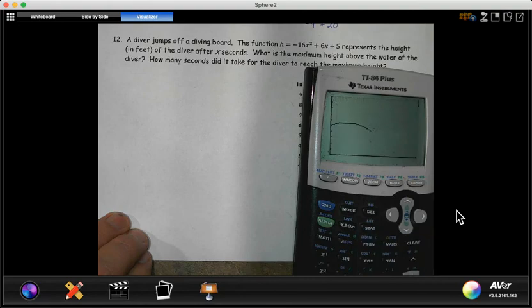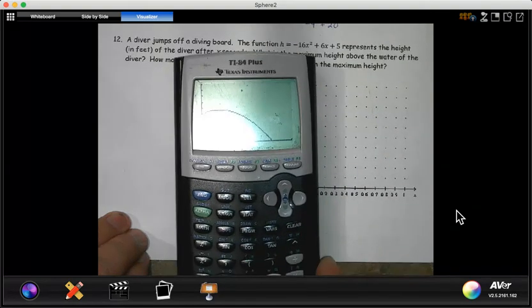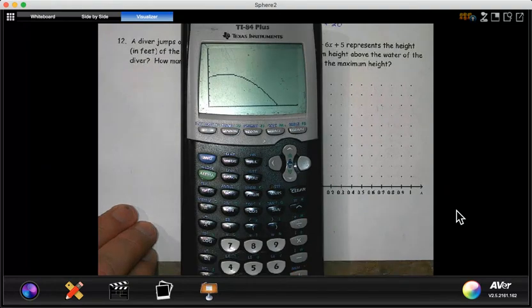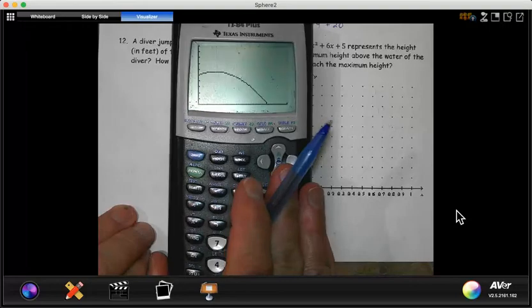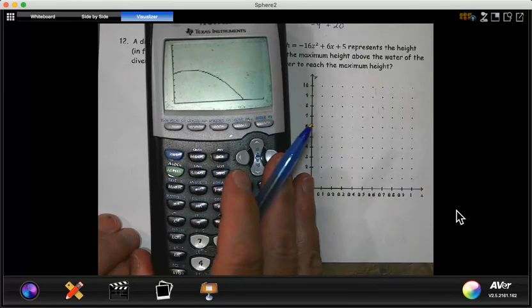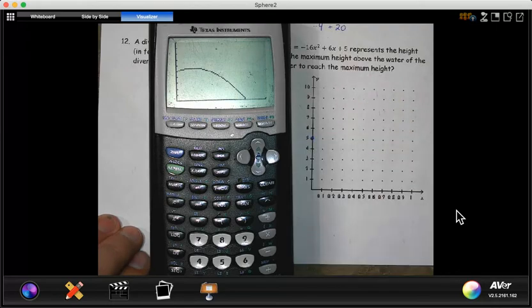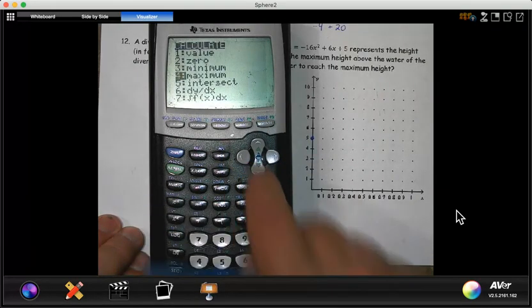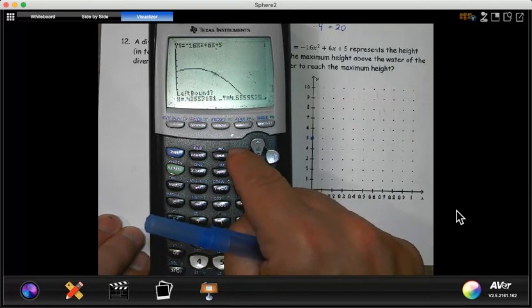So there's a picture of the dive. I want to go up just a little bit. Let's get some key points. I know the diver jumps from a height of 5, so I'm going to plot 5. Let's find the height of the dive. That's called the maximum. So second calc, max. Set my left boundary, and my cursor is way over here.